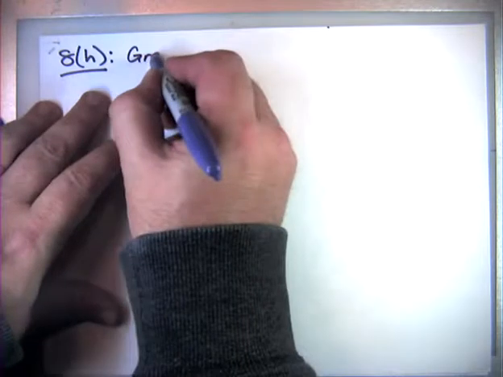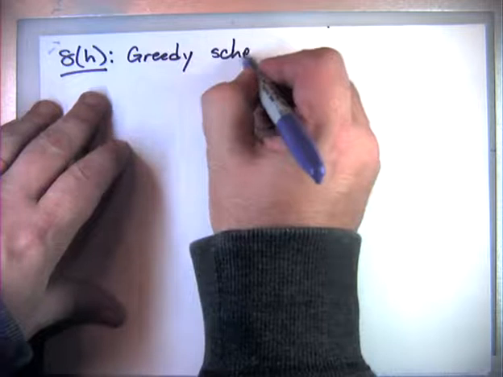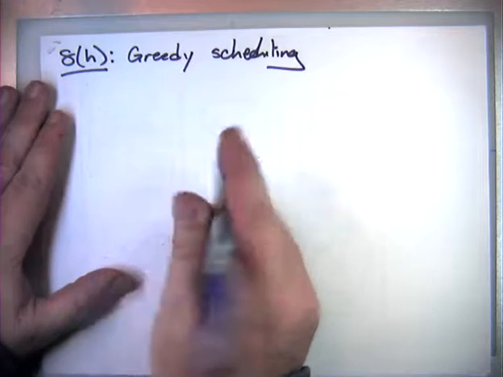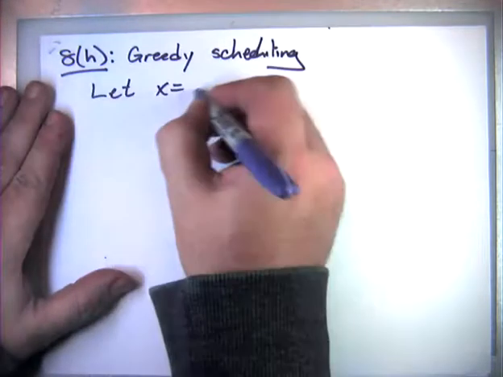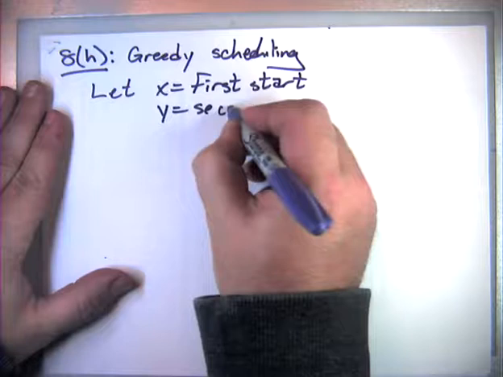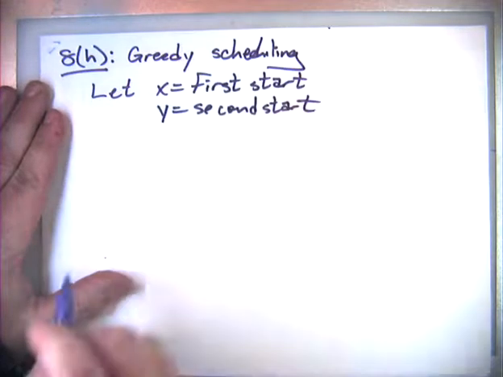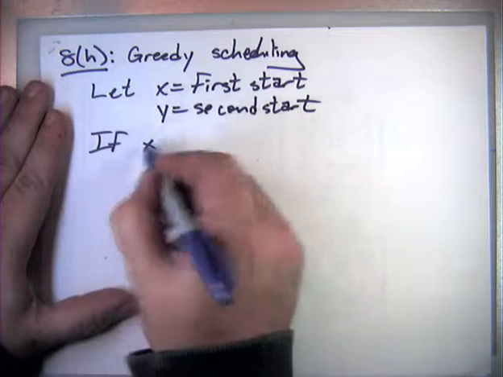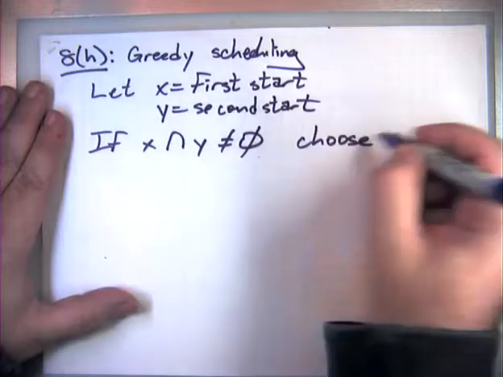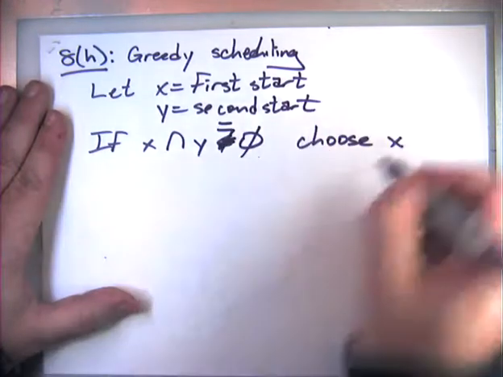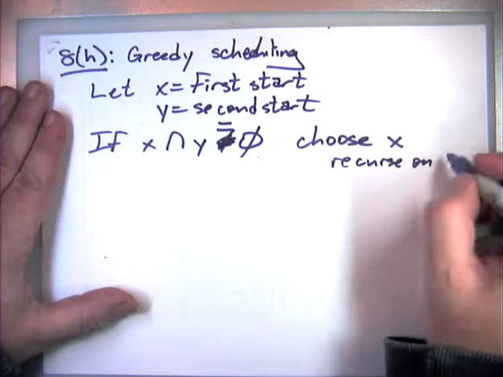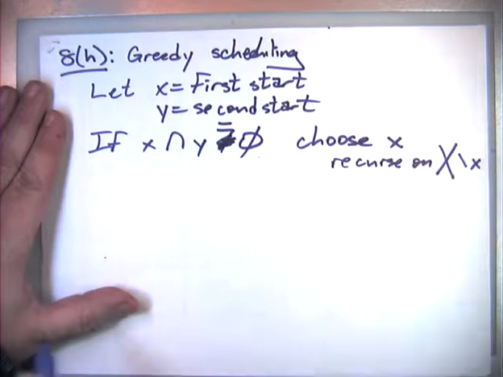Okay, so this is the class scheduling problem. If x and y are disjoint, choose x.